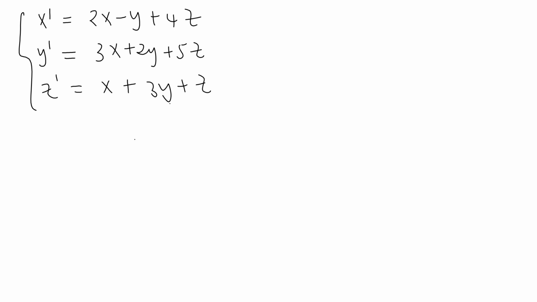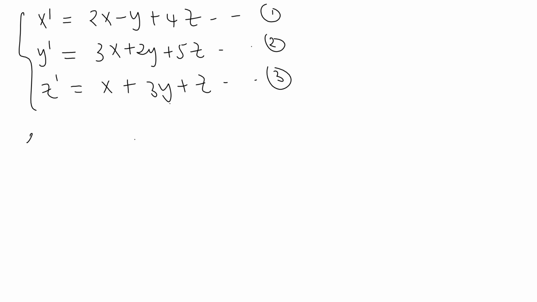So if I call this equation 1, this equation 2, and this equation 3, let us see. If we take equation 2 minus equation 3, we are going to have equation 1 clearly.